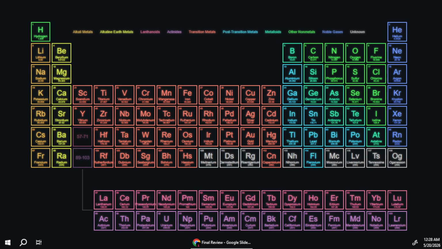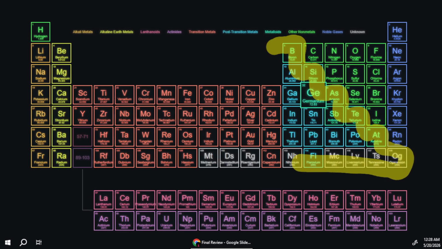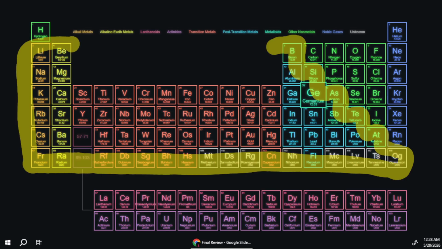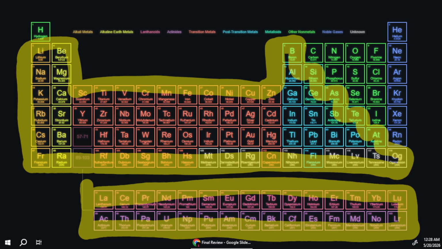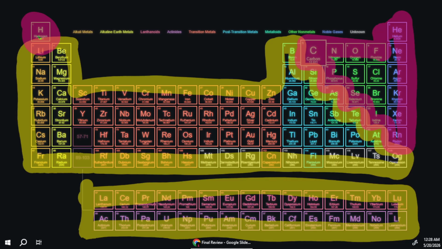So basically, let's draw this. Basically from over here, it's all metal. So we have a lot more metals than non-metals, okay? And everything else is just non-metals. So we got hydrogen, carbon, all of these are non-metals, okay?